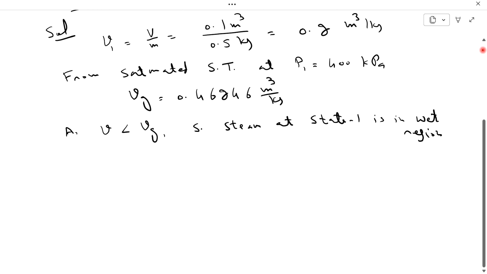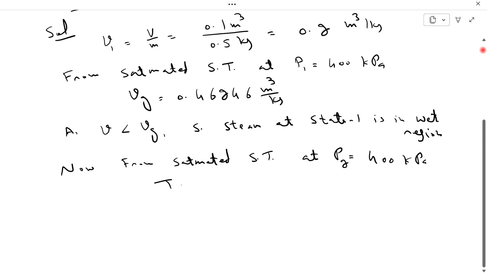Now we check state 2. For state 2 we check superheated or saturated using the saturation temperature. From the saturated steam table at pressure equal to constant, P1 is equal to P2, the saturation temperature is equal to 143.62, and the temperature given to us is 300 degrees centigrade.